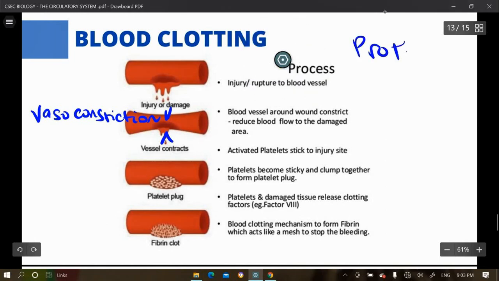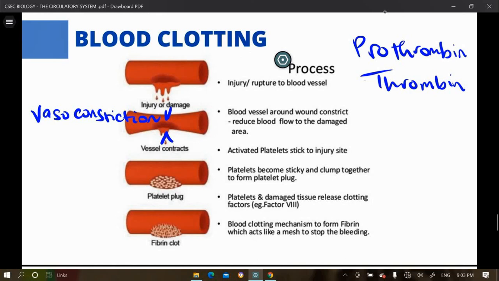Prothrombin, thrombin, what's the third? Probably should have written these down.